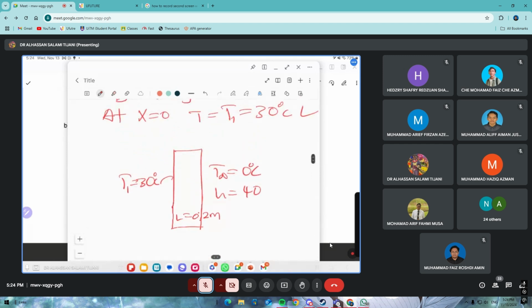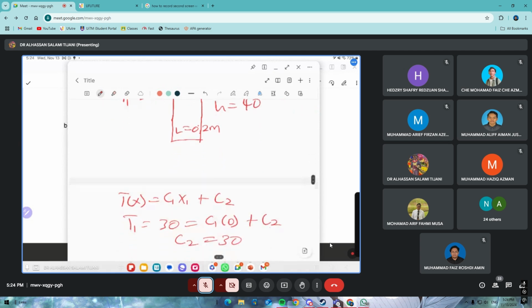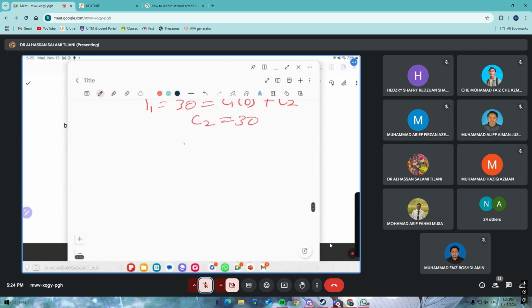So we don't know the temperature on this surface. See, the solid is like this. The temperature here is known, T1. But the temperature here, let's say T2, we don't know. We only know T infinity and h, which means air is flowing across the surface.